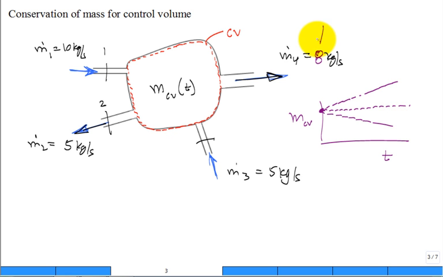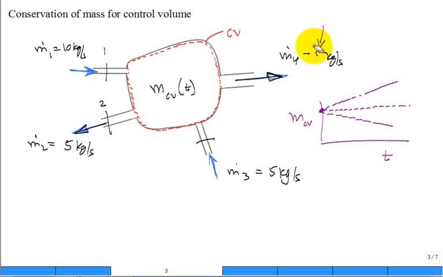Because this is an 8, we reduced it. The net outflow has been reduced. And so the inflow is 10 and 5, a 15 kilogram per second inflow, and the outflow is 8 plus 5, only 13 kilograms out. So this would be an accumulation.